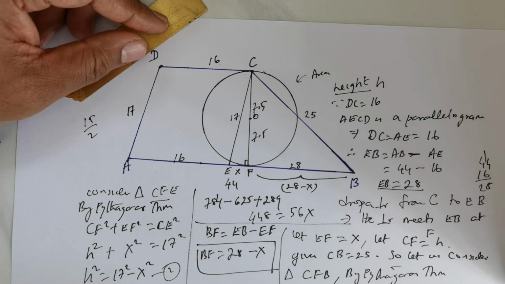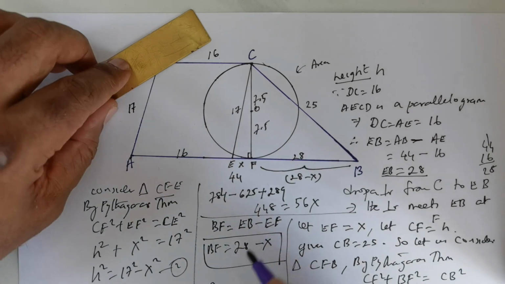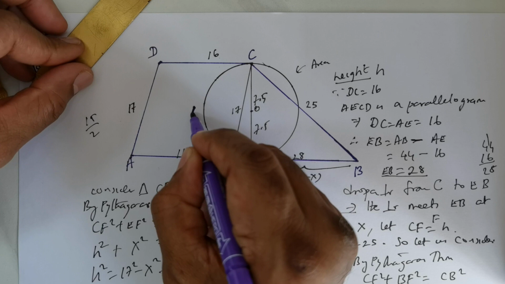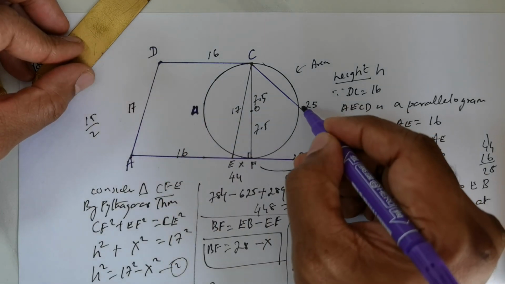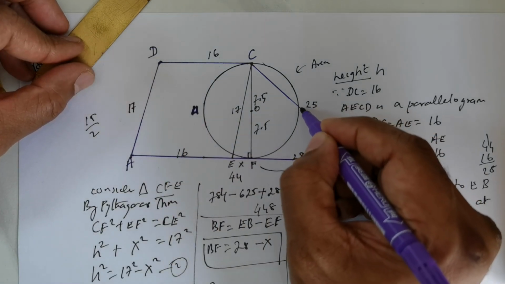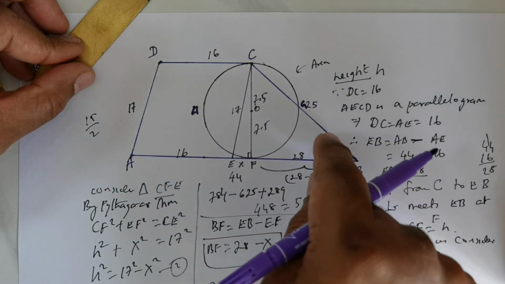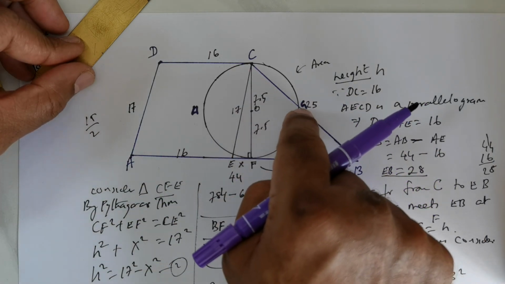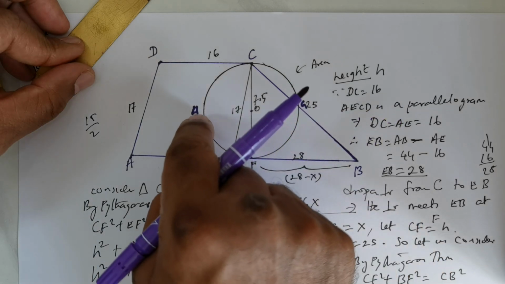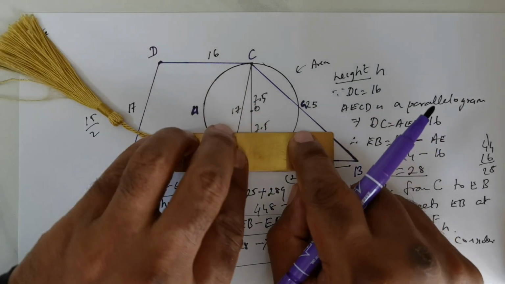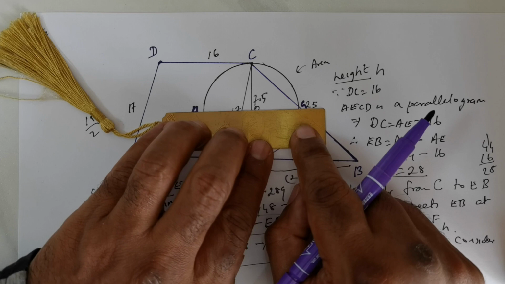Now it is given that H, O, G are in line. So this is the point of intersection of the trapezium and the circle, and that is at G, and it's given in the question that H, O, G are in line. So the problem becomes easy.